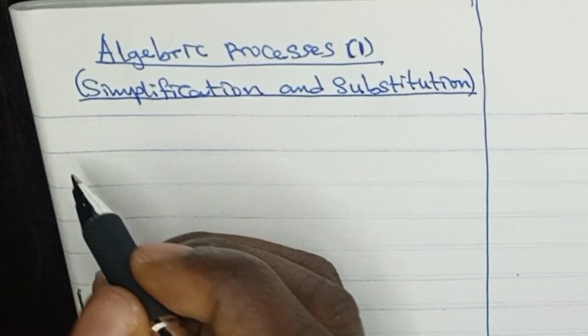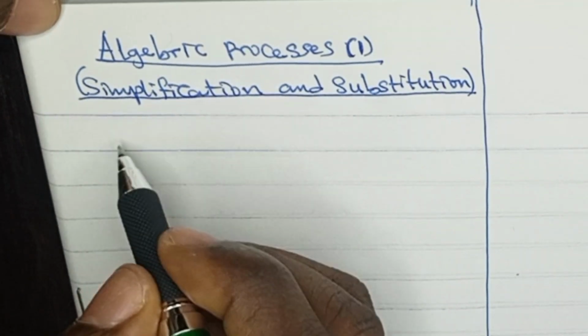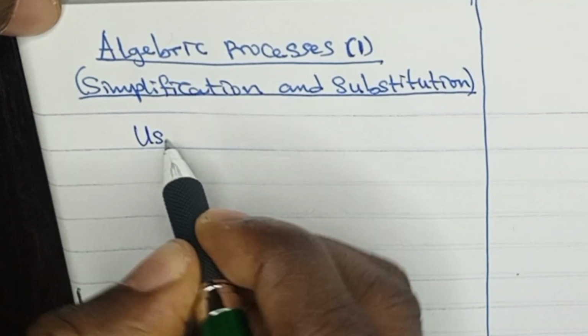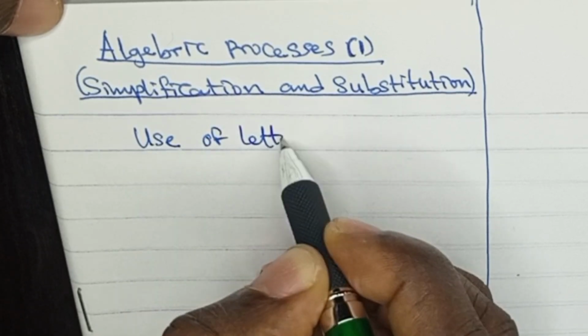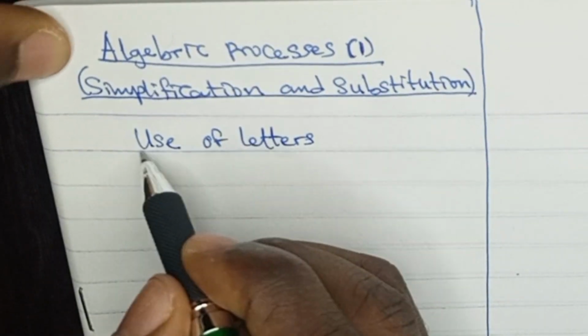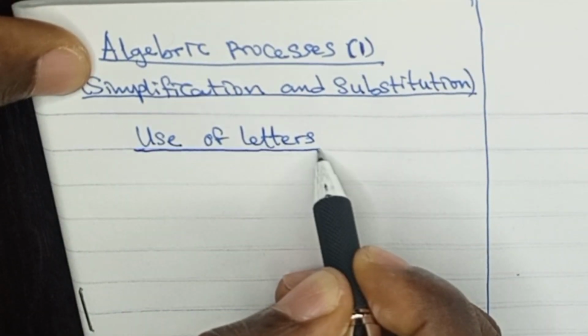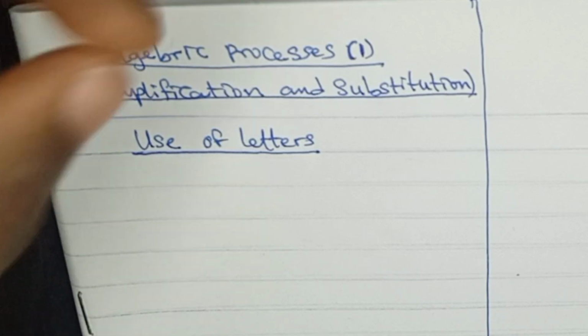Now, let's start with the use of letters. In mathematics, we make use of letters, alphabets a lot, where we use alphabets to represent values of numbers. So let me write this out.